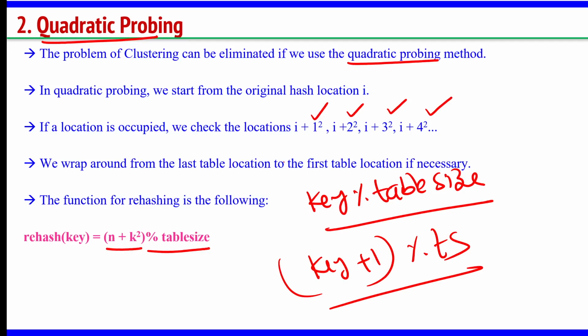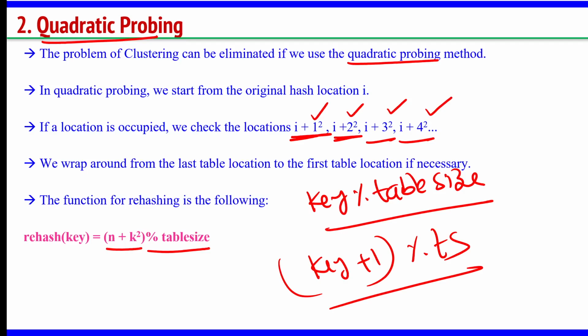Meaning, if the first time some collision happens, you will add n plus 1 square, but if that second box also already contains some element, then you will move to n plus 2 square, then n plus 3 square and so on.